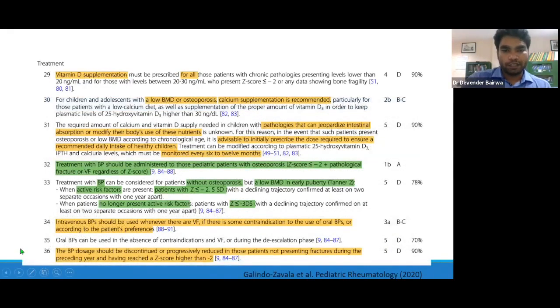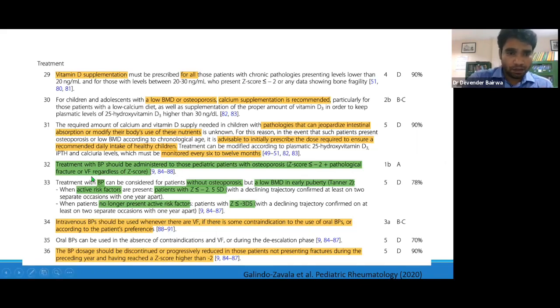Now focus on this green part. What they are showing is that treatment with bisphosphonates should be administered to those pediatric patients with osteoporosis. That means Z-score less than -2 plus presence of a pathological fracture, or if there is any vertebral fracture regardless of Z-score, then these patients are candidates for bisphosphonate therapy.